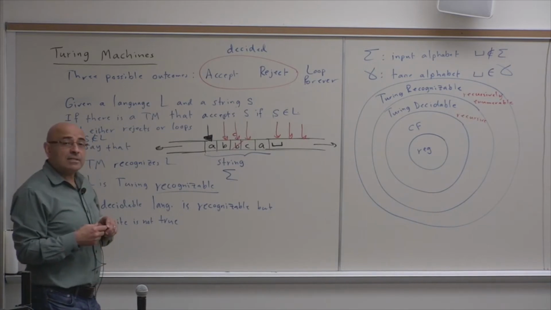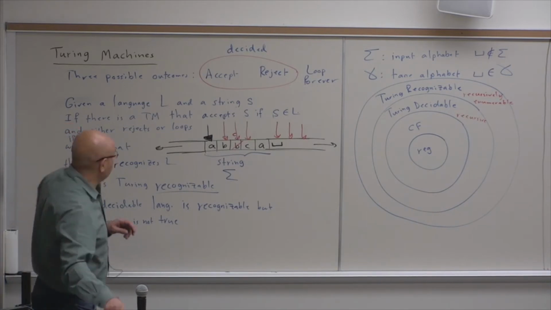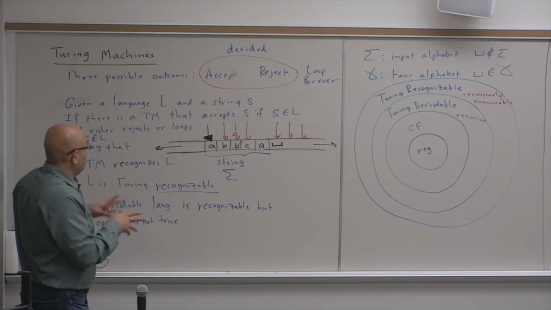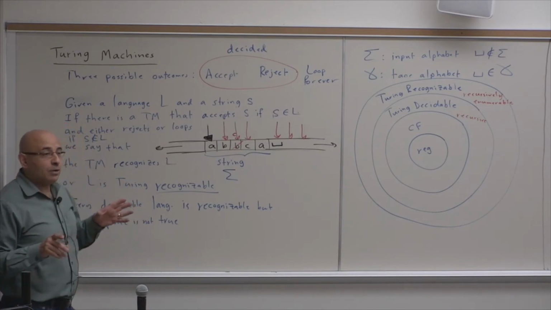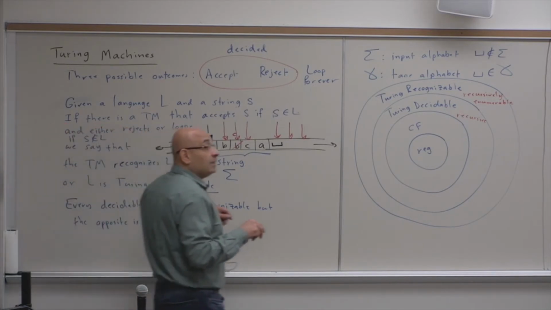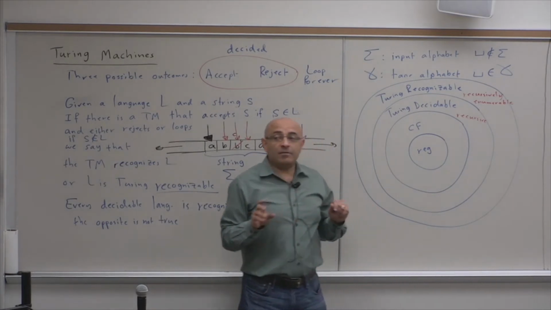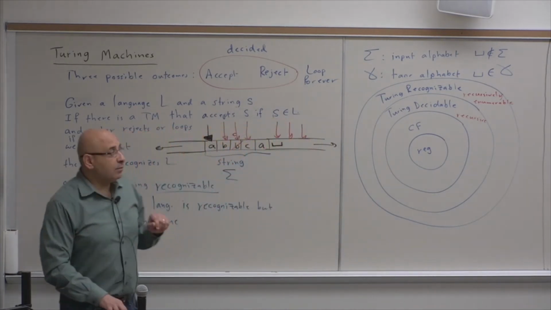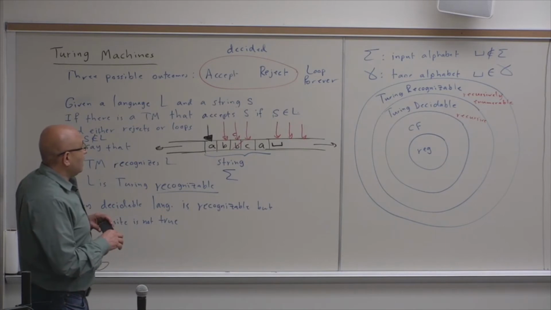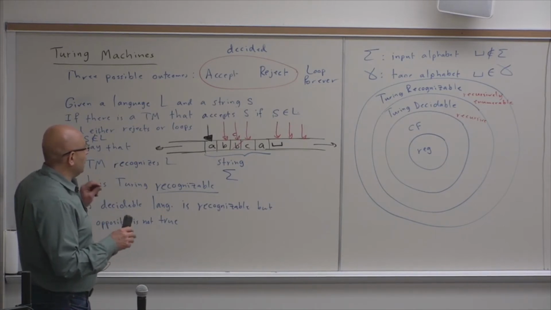Okay, so now let's give a high-level description of a Turing machine that will decide, in fact, one of the languages that we have studied and shown to be non-context free.